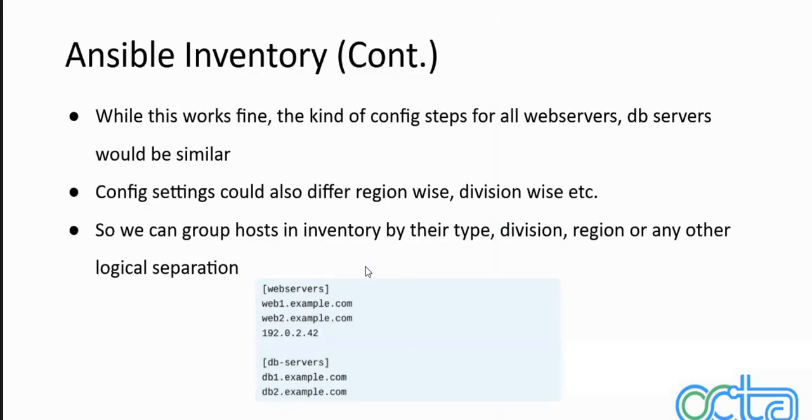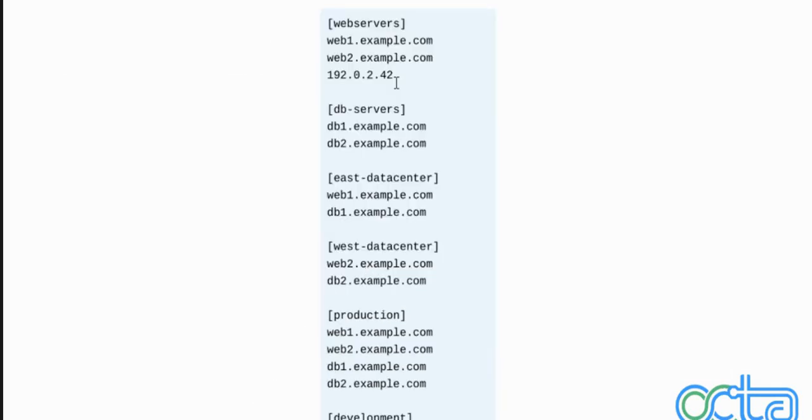Right? Suppose some of these devices or web servers are production web servers on which production applications will be deployed. And there you might have some rules or policies that you need to set. So you can have another group for all the production devices.